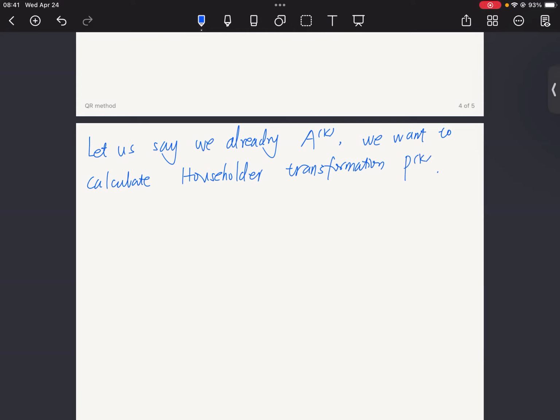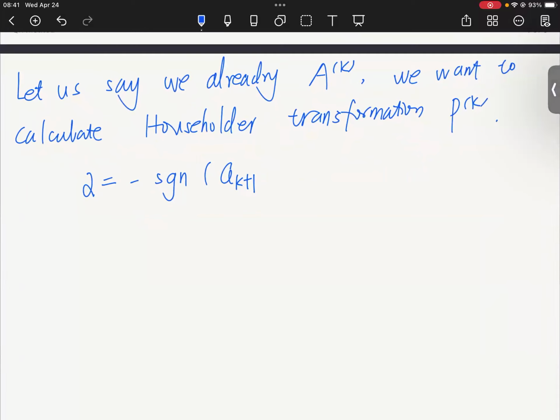And the PK, once again, we need to calculate the side products. The side products are alpha and R. And the alpha here, I'm going to denote the components in the AK matrix with the superscript. And so negative sign, and this means that this is the K plus 1 row, and K column, okay?